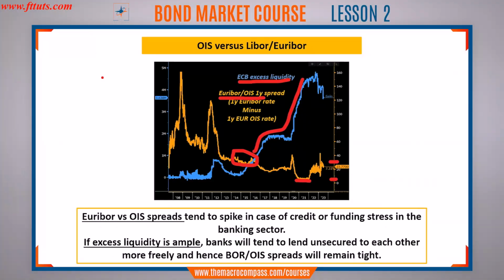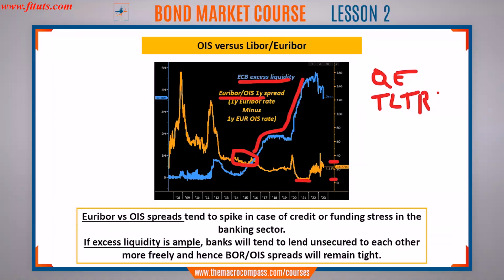Excess liquidity in the Eurozone is basically a proxy of the central bank balance sheet. So the European Central Bank between 2015 and 2022 did a lot of quantitative easing and also of TLTRO. So they did QE and they also did TLTROs.